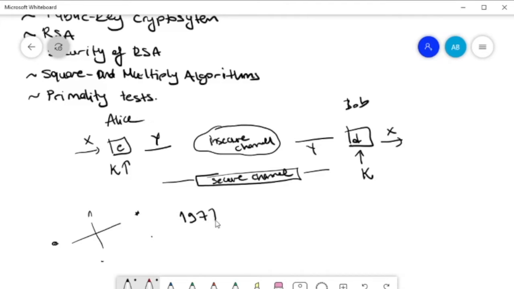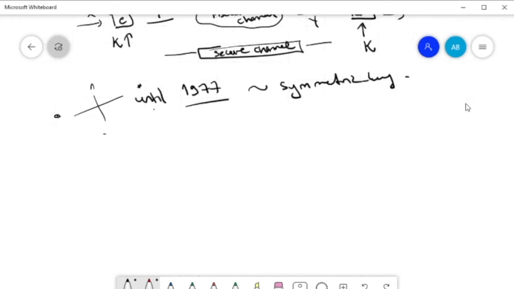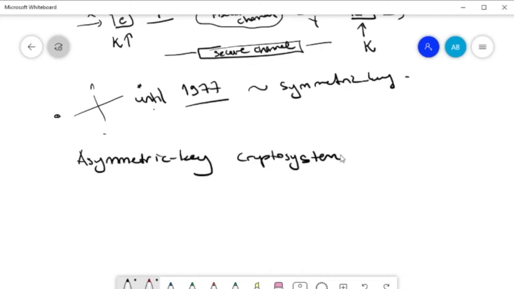Until officially in 1977, there was always symmetric key, until asymmetric key cryptosystems were invented.